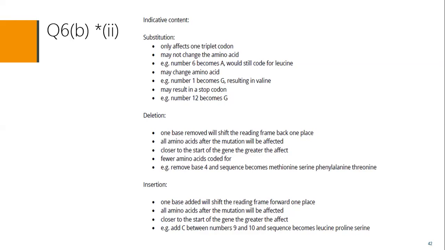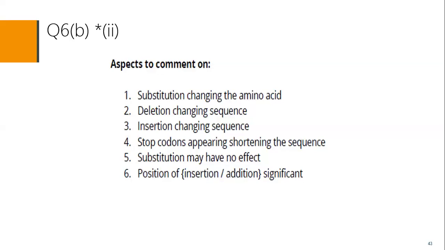So you've got a combination of generic information, but you've also got quite a lot that comes from the table, and they need to refer to the information on the table to get the full marks. This gives an idea of some aspects that they might want to consider.